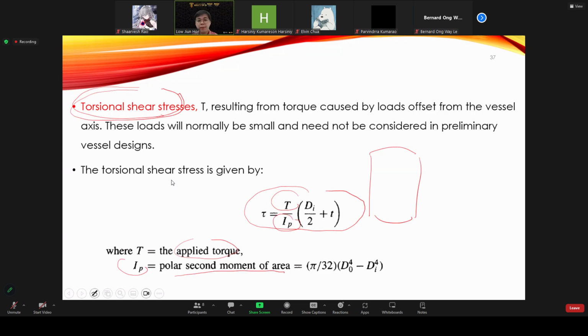But normally the torsional shear stress is actually very small, and normally it can be omitted in our calculation. But if, let's say, you still want to calculate the torsional shear stress, then you can proceed to apply the equation here.